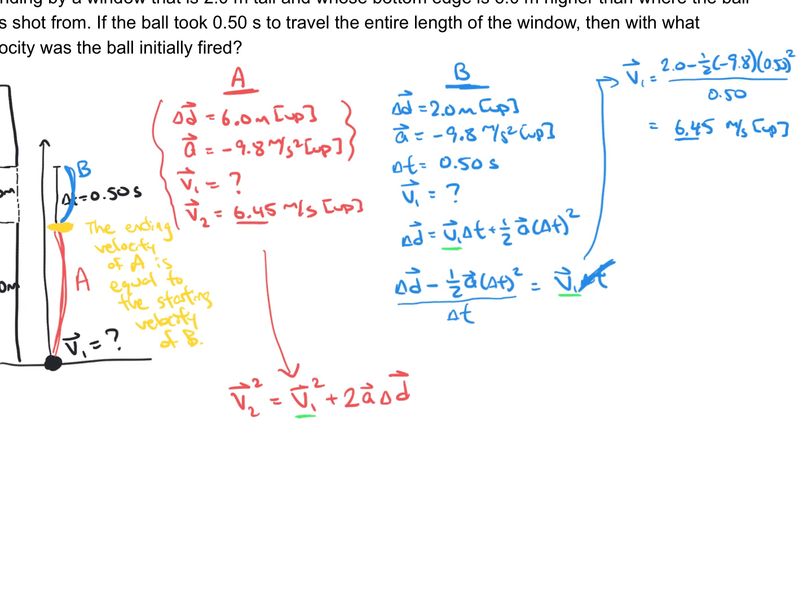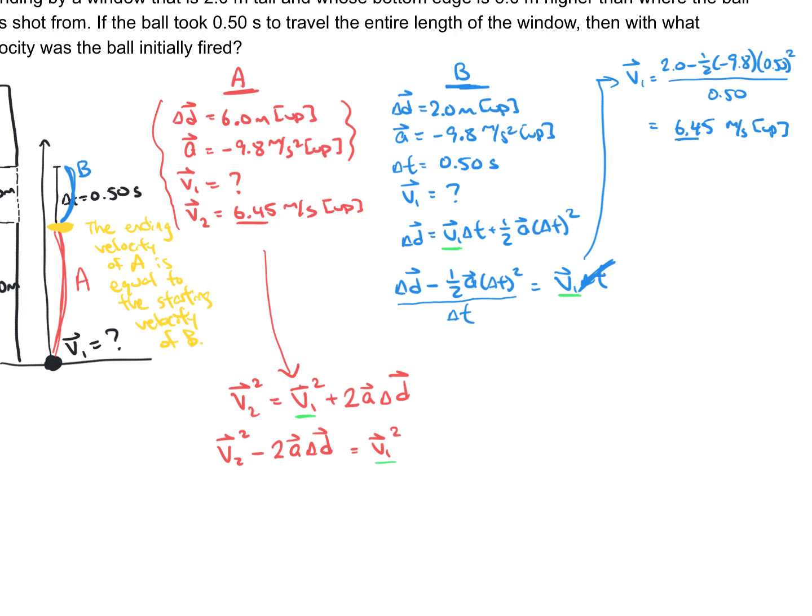You need to isolate it for V1. So the steps are similar. Actually, the first thing I will do is cancel out the plus 2a times d by subtracting. Subtract both sides by 2 times acceleration times displacement. Okay, so that's the first step in isolating. And now I just need to square root both sides to cancel out that squared.